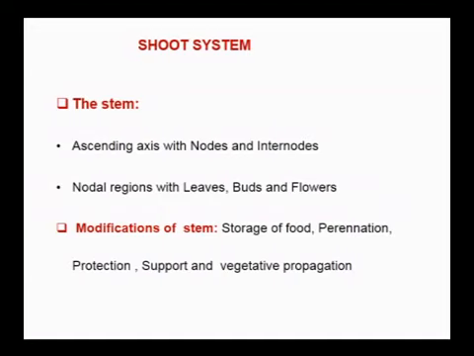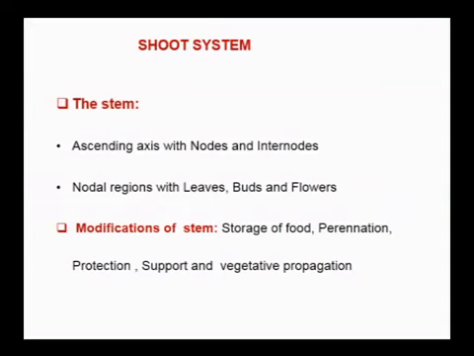Apart from perennation, among the aerial stem modifications, the axillary bud is modified into a pointed rigid structure called a thorn. For support, the bud is modified into a wiry structure called a tendril, and bulbils are modified buds which help in vegetative propagation.